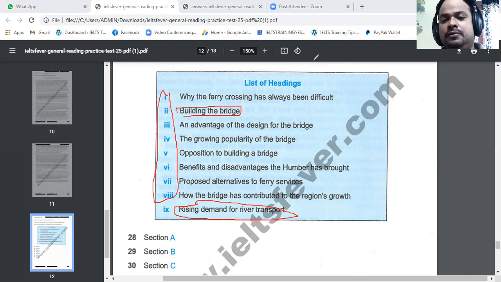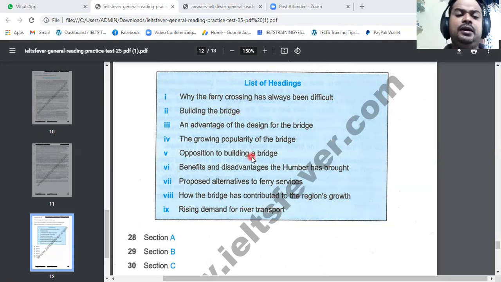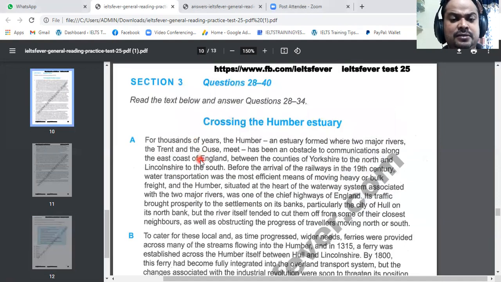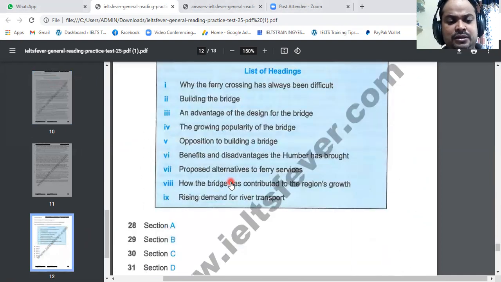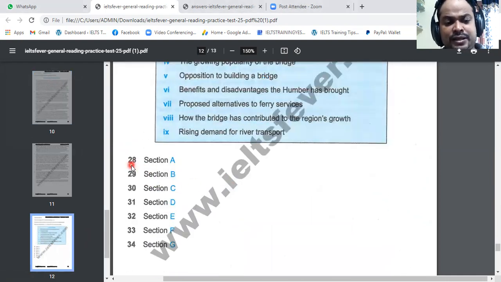So what a candidate will normally be doing is they go directly to paragraph A, yes, paragraph A, and read. You can start because this question, the 28th question, is asking section A, what is the heading?